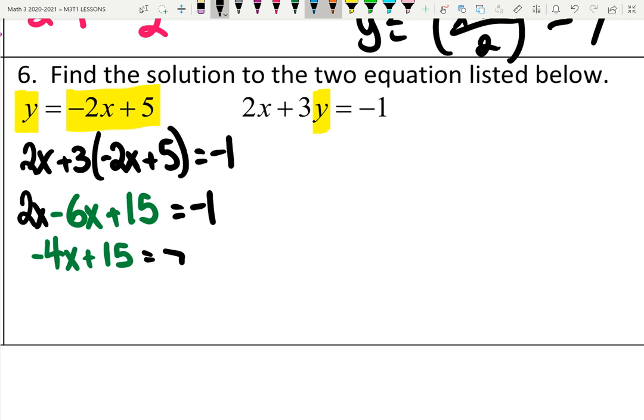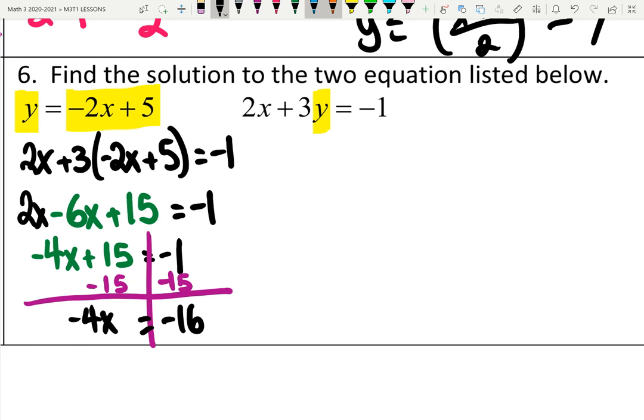Well, remember the same words. What is x? I need to get x by itself. I'm going to minus 15. And then this is going to result in negative 4x equals negative 16.